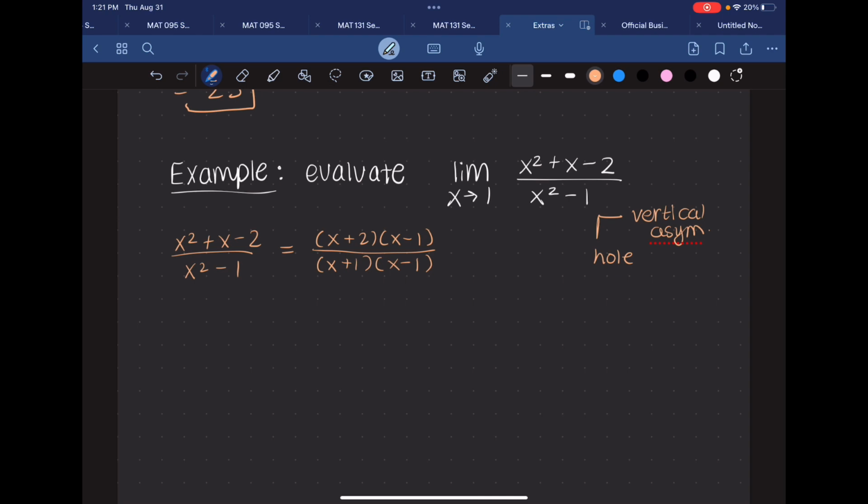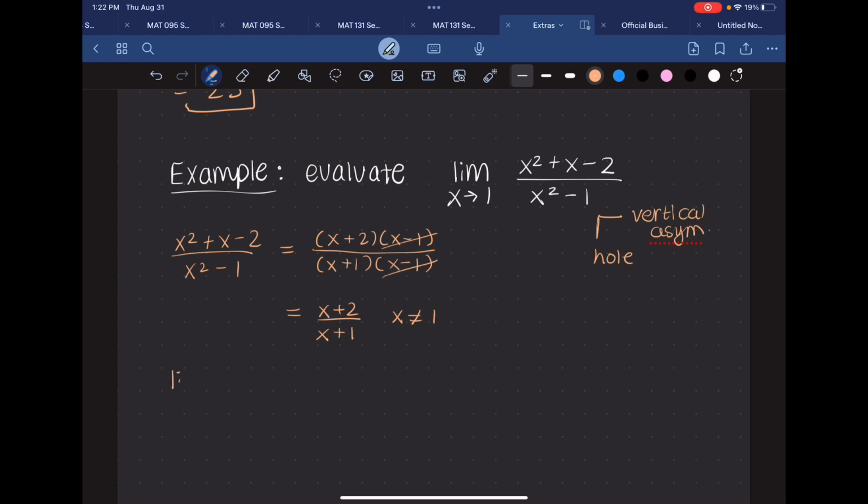And so we end up getting some cancellation. These x minus 1s cancel, and we end up with this being equal to x plus 2 divided by x plus 1 anytime x is not equal to 1. When x is equal to 1, we'll be at that hole, and it will be undefined.